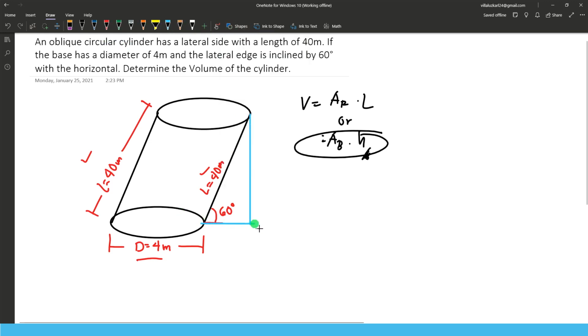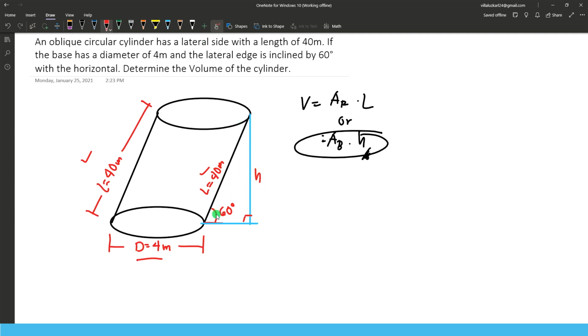So this is the parallel distance between the bases. If this is H here, we can form a right triangle again, and our hypotenuse is this lateral side, 40 meters.